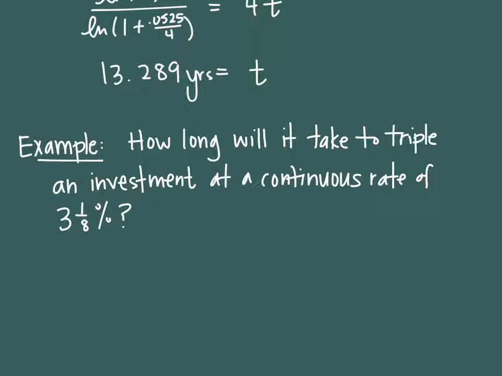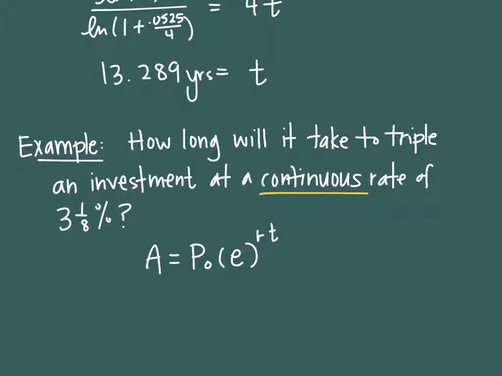All right, so the key word in here is the fact that you see continuous. As soon as you see continuous or continually, you know you're going to use the PERT equation. And so this would be P sub 0 times e to the r times t. The 3 1/8 is your r.